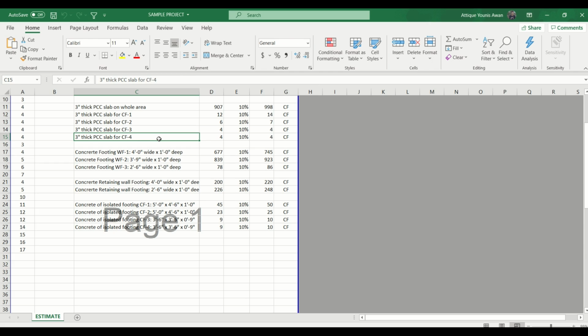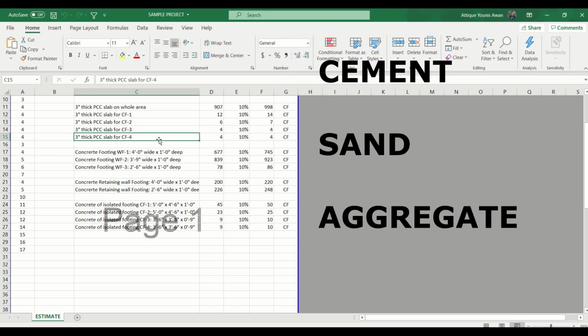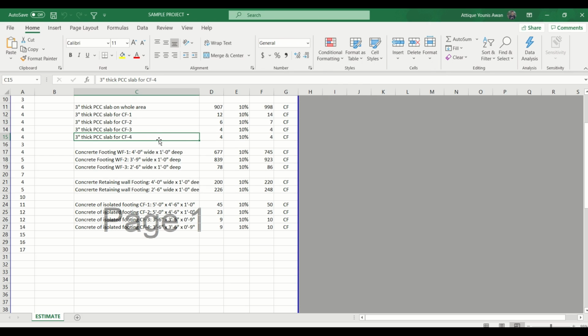If I talk about concrete, we all know that concrete consists of three main components most of the time: cement, sand and aggregate. These are the three constituents of concrete which we mostly use.